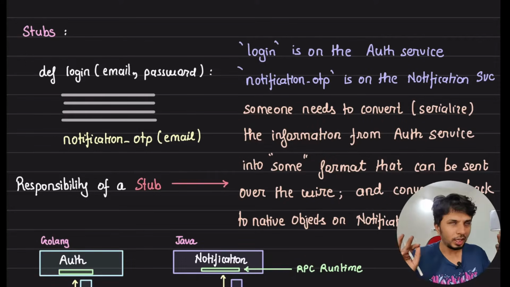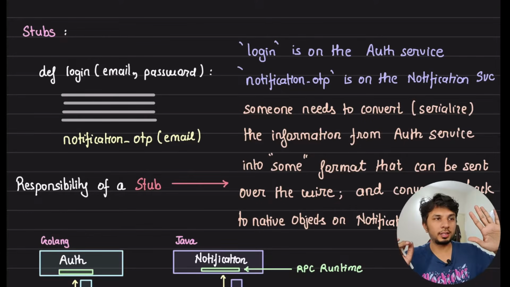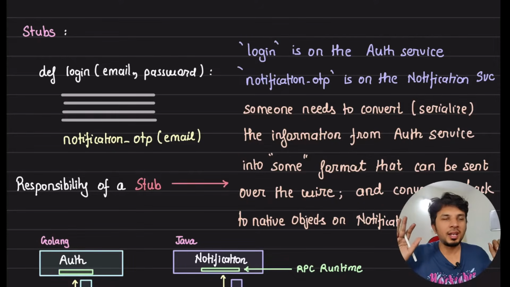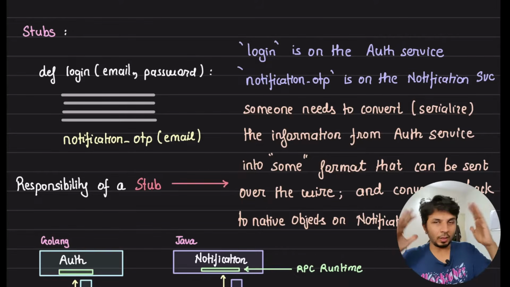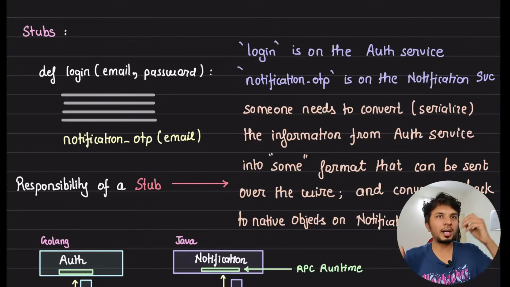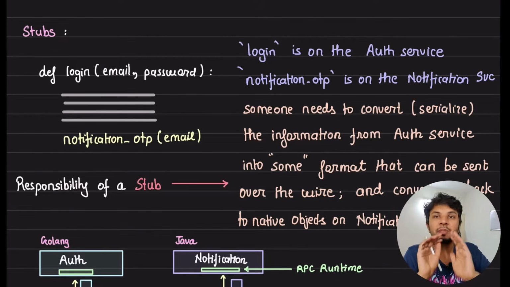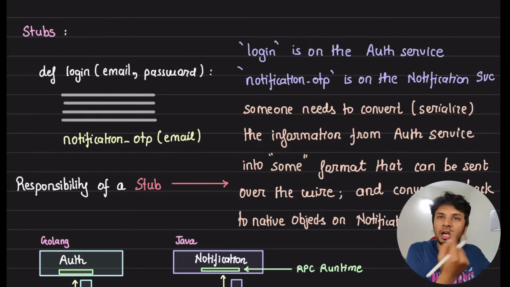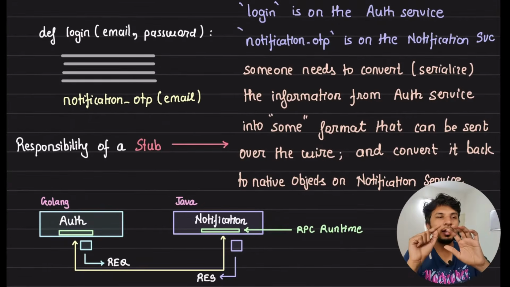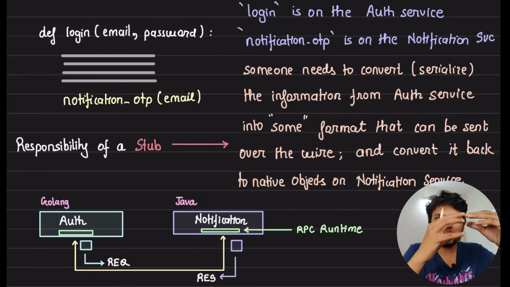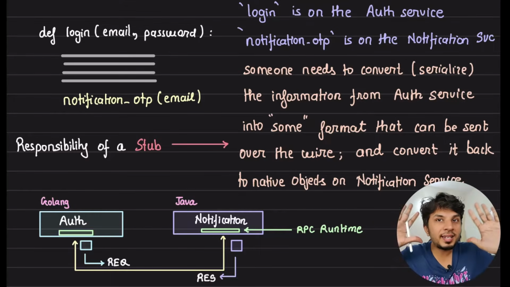So, login is a function on the authentication service, right? The notification_OTP function is on the notification service. Now, someone needs to convert the information. For example, notification_OTP is the function, and email is what is being passed over here. Someone needs to marshal this into something serializable, in a format understandable by both.